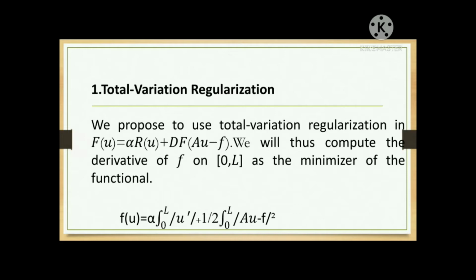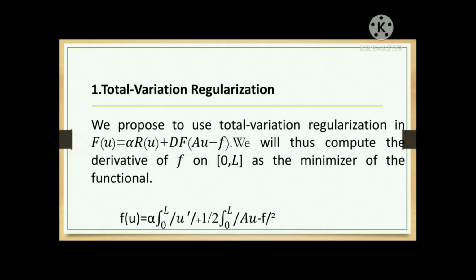So here's how to solve the total variation denoising. We propose to use total variation regularization in F(u) equals alpha R(u) plus D_F(Au minus f), where R(u) is a regularization or penalty term that penalizes irregularity in u.